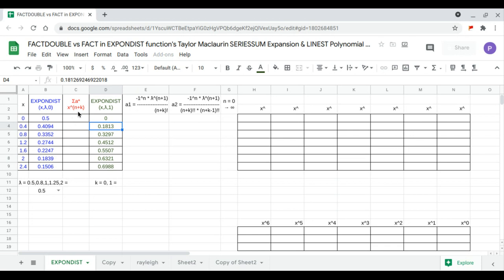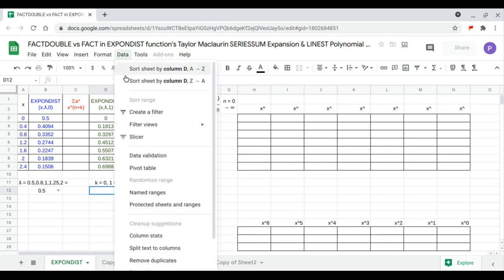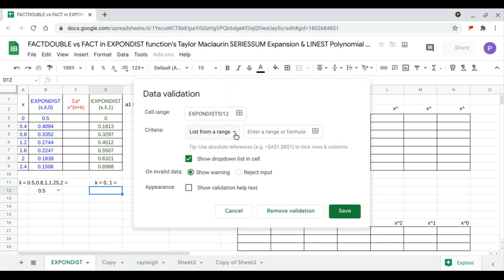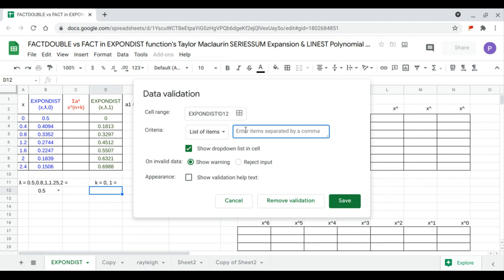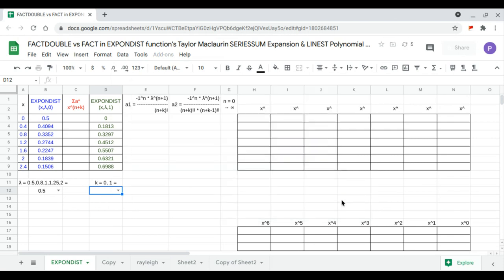And the Taylor-Maclaurin series sum of both, where you have the summation of x raised to the power n plus k, where the value of k is data validation, list of items, 0 or 1. And say, if k equals 0, then it is the probability density function.